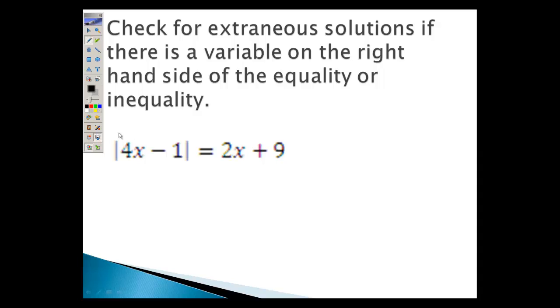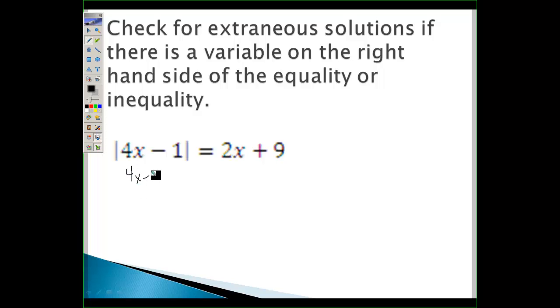So let's try one more here. This is a little more complicated. Once again, I'm just going to go ahead and make my two equations. But you need to be careful here, because not only is the -2x changing its sign, but the 9 is also changing its sign. It's basically the distributive property of the -1.